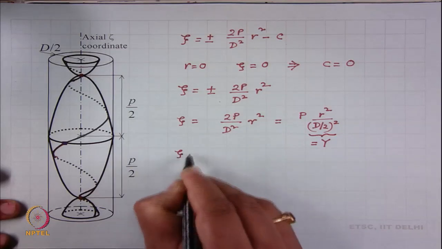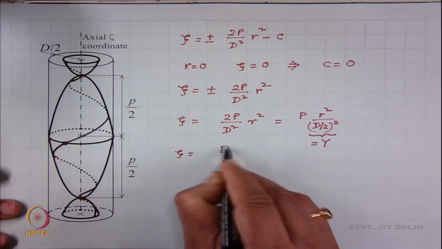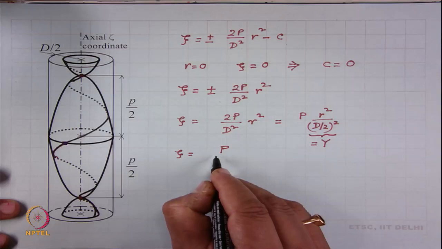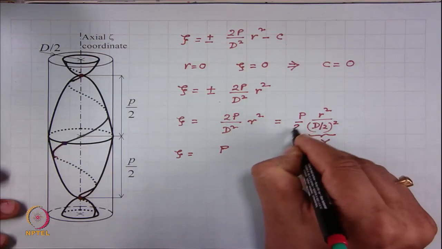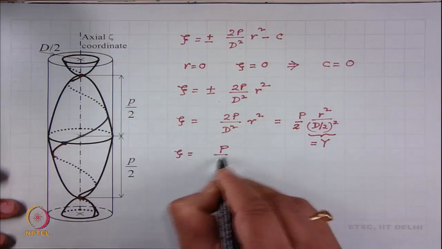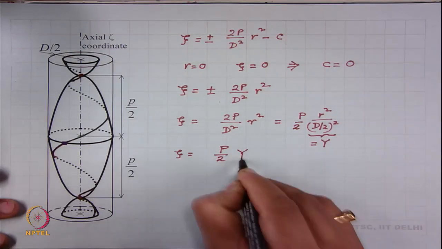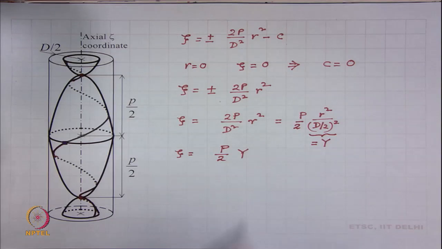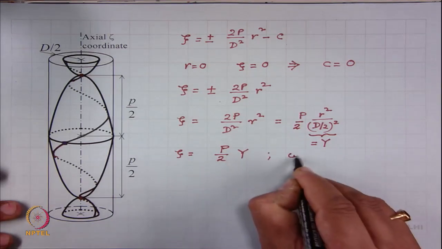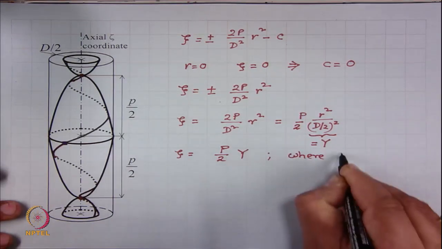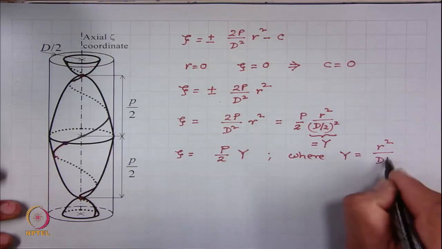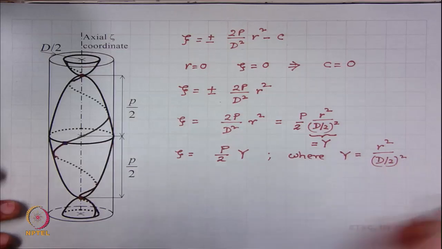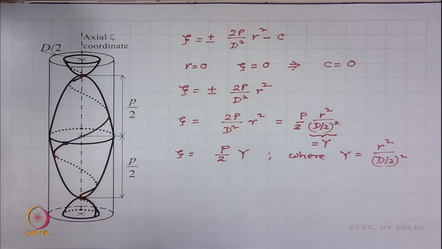Zeta is equal to p by 2 into y, where y is equal to r square by d by 2 square.